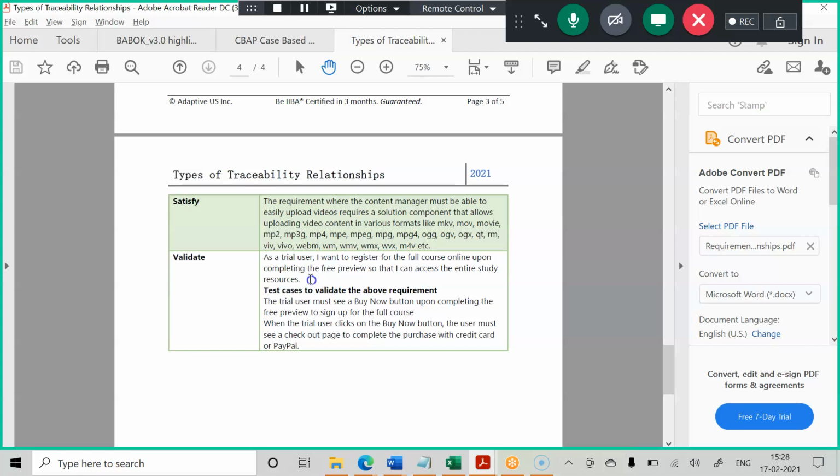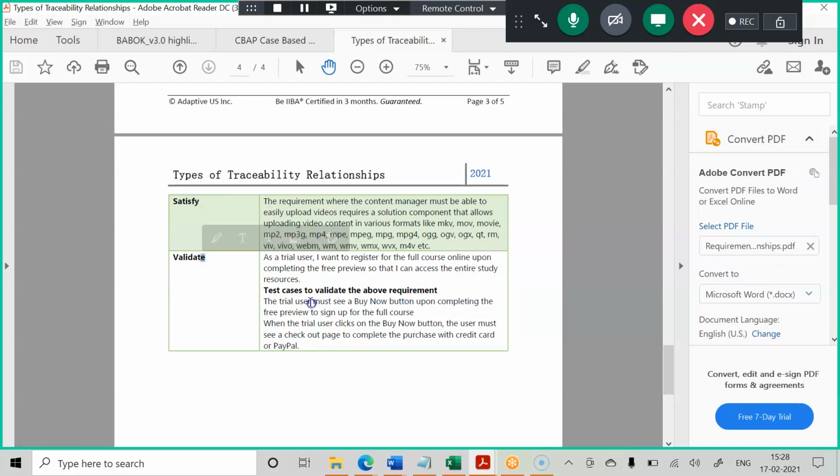After completing that, you wanted to upgrade or buy the full course. In that scenario there would have been certain test cases. We would test whether the trial user is able to see a buy now button where he can immediately click and purchase the full course. So there are some test cases which came out of that particular requirement. That is why the relationship is validate.